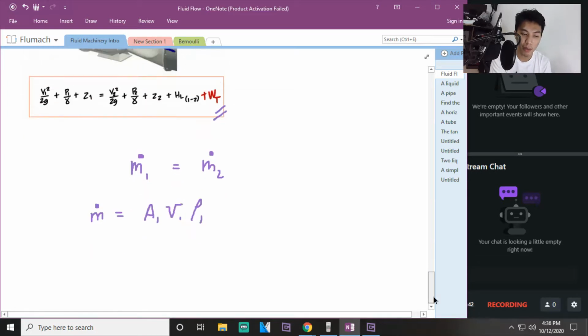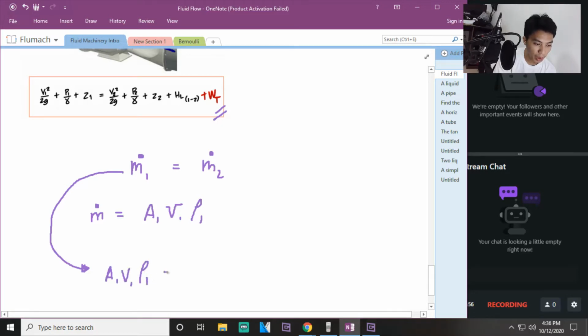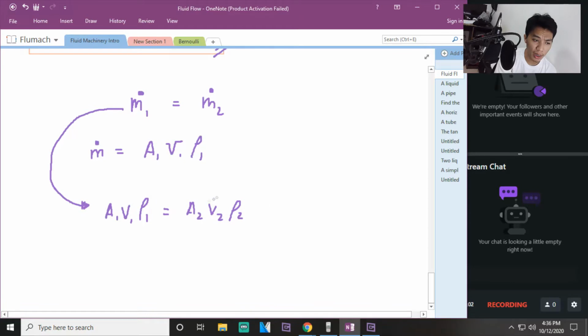Now, hindi naman nag-iiba yung fluid sa system mo. Okay? So, pagdating dito, kunin mo 'tong equation na ito. A1, V1, density 1 equal to A2, V2, density 2. Now, may mapapansin ba kayo dyan?